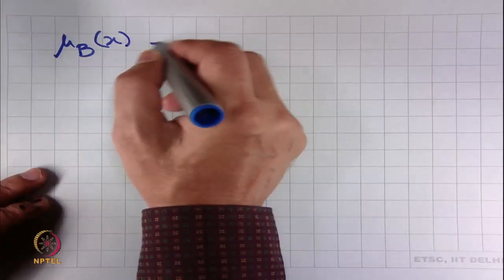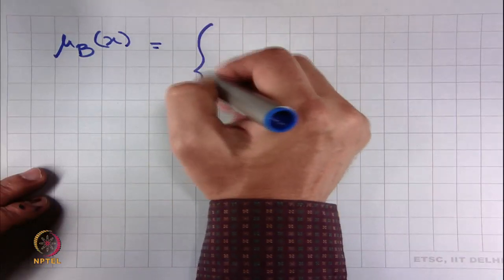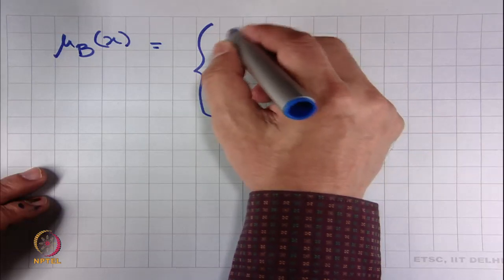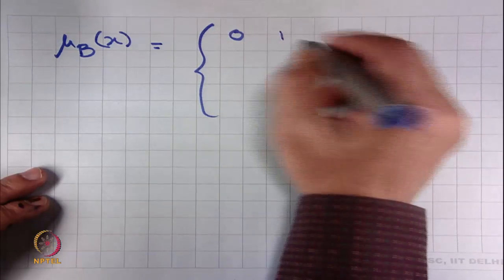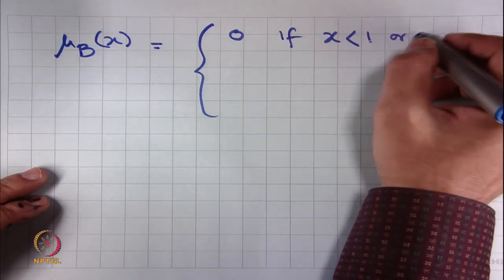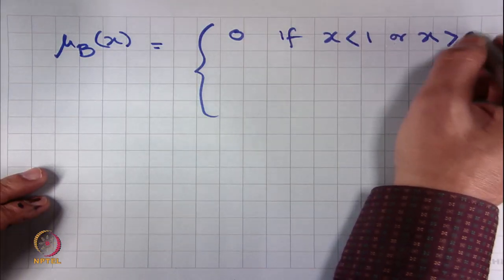Similarly, mu B of x is equal to 0 if x is less than 1 or x is greater than 5.